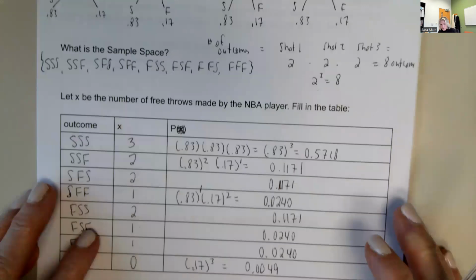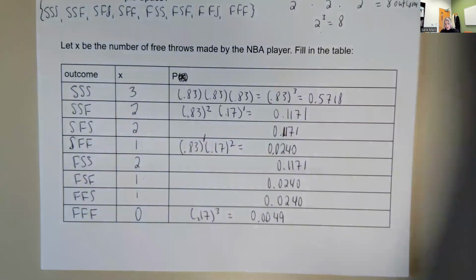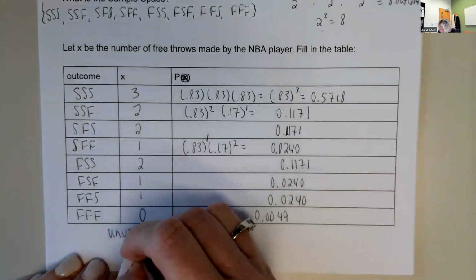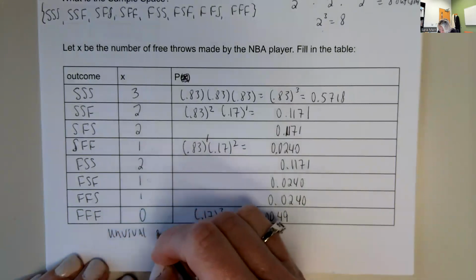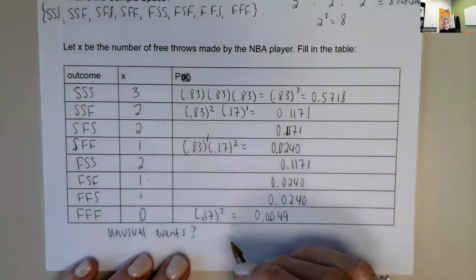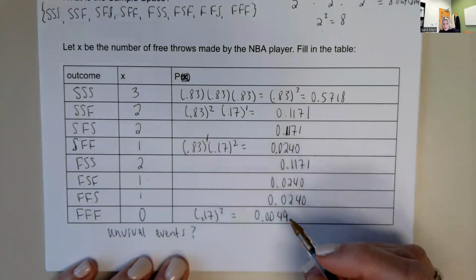So we're doing a lot of review really over the last couple chapters here. I also want to throw out what makes it unusual. Do we have any unusual events? And we said an unusual event has a likelihood of less than 5%.